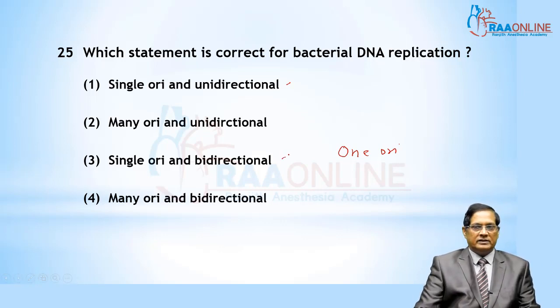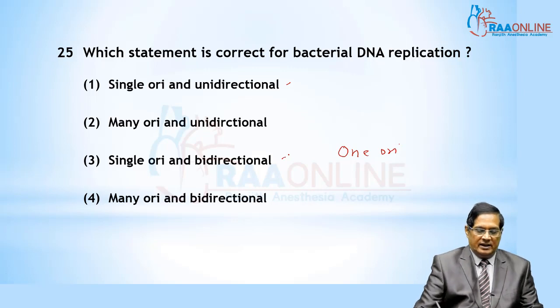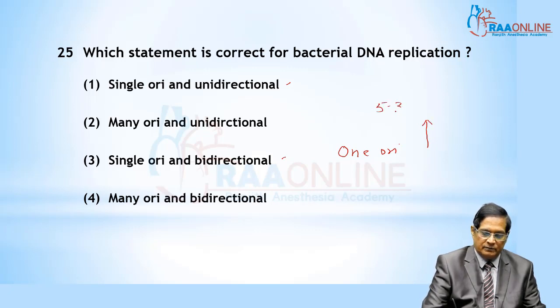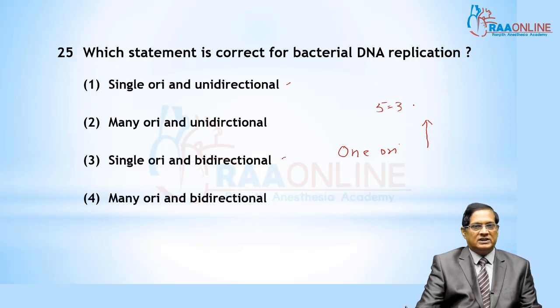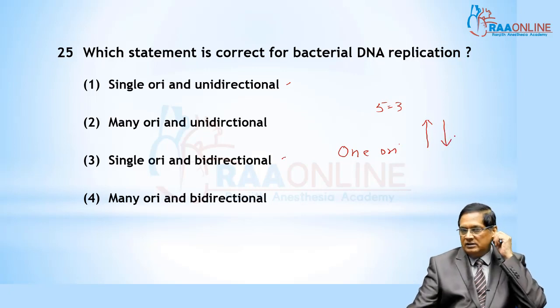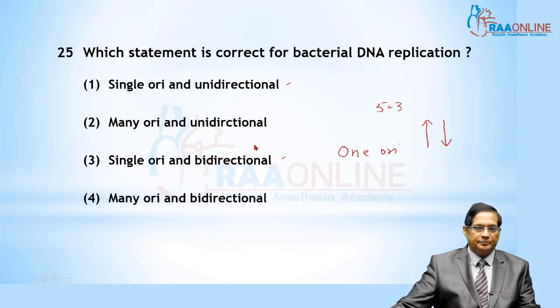Second one, the replication of DNA takes place in 5 to 3 direction only. But with regard to the two strands, on one strand it grows in this direction, whereas it grows in this direction on the other strand.